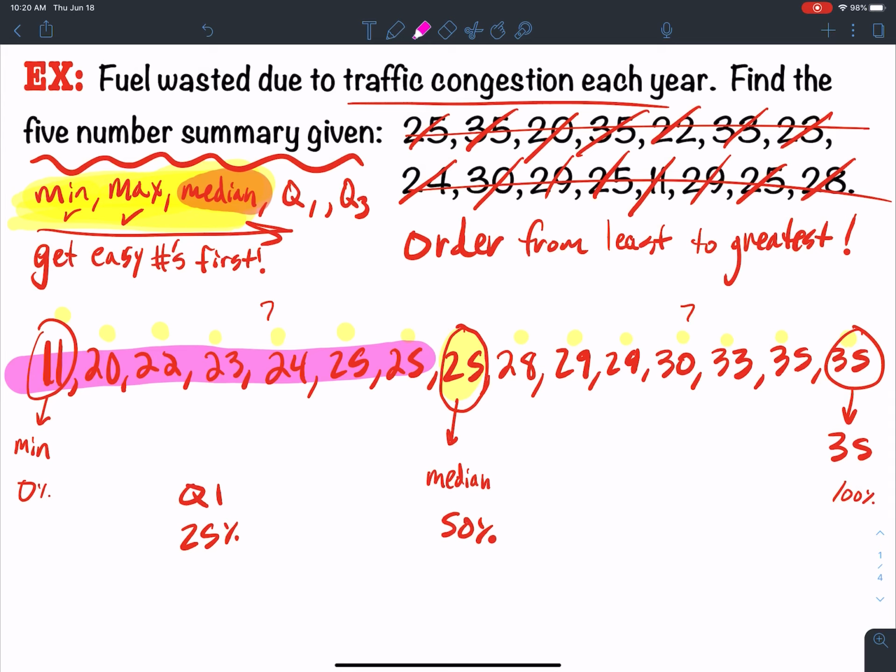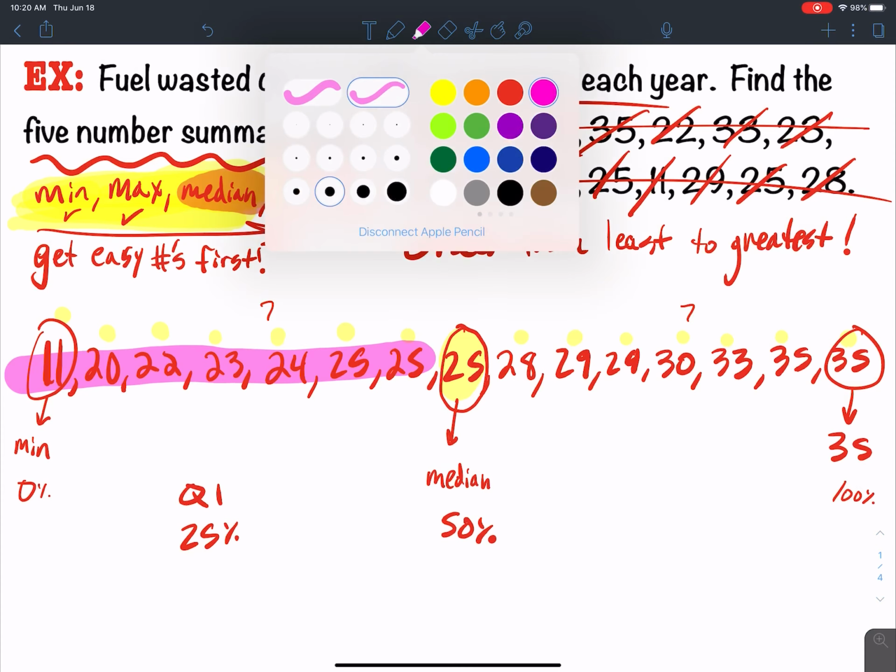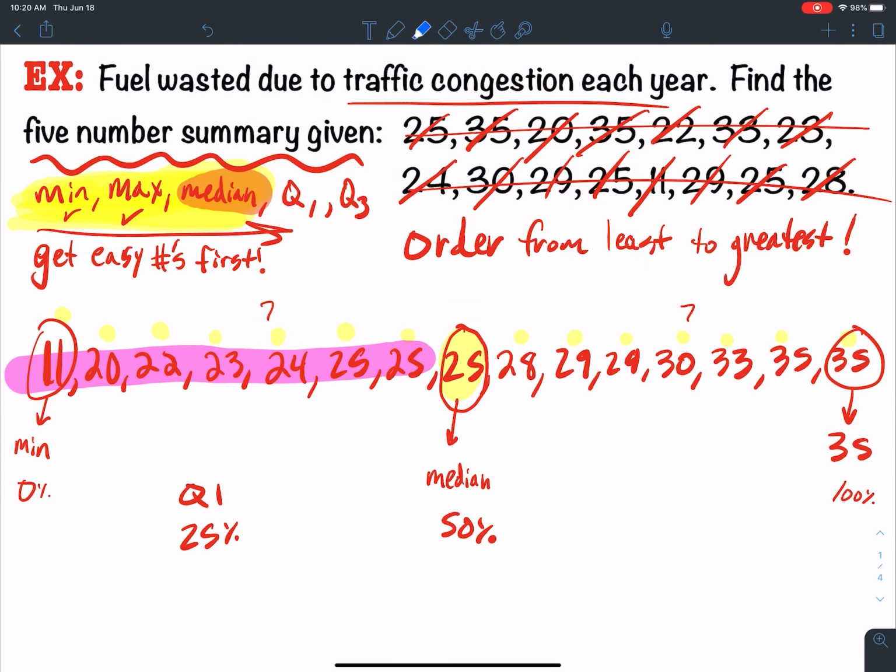So we don't include the median here when we're looking at our numbers, okay? So what number looks like it's in the dead center here? Well, it looks like 23 is, but how do we know? Well, there's 1, 2, 3 over here and 1, 2, 3 over there. So it looks like 23 is our Q1, okay?